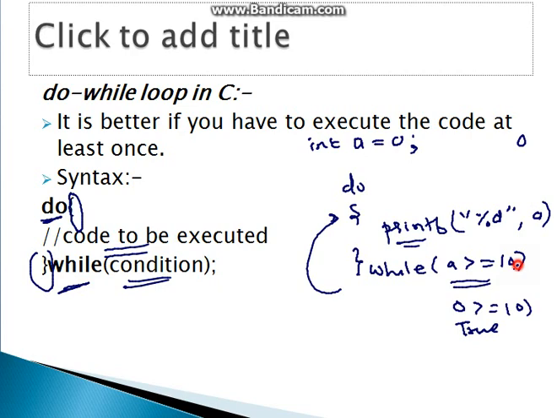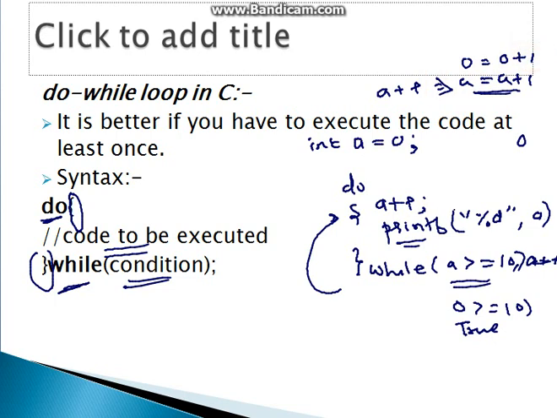here we have to write a plus plus also, since it is going to increase. Sorry, here you can write a plus plus. a plus plus is nothing but a is equal to a plus 1. So here a value will be 0 is equal to 0 plus 1.